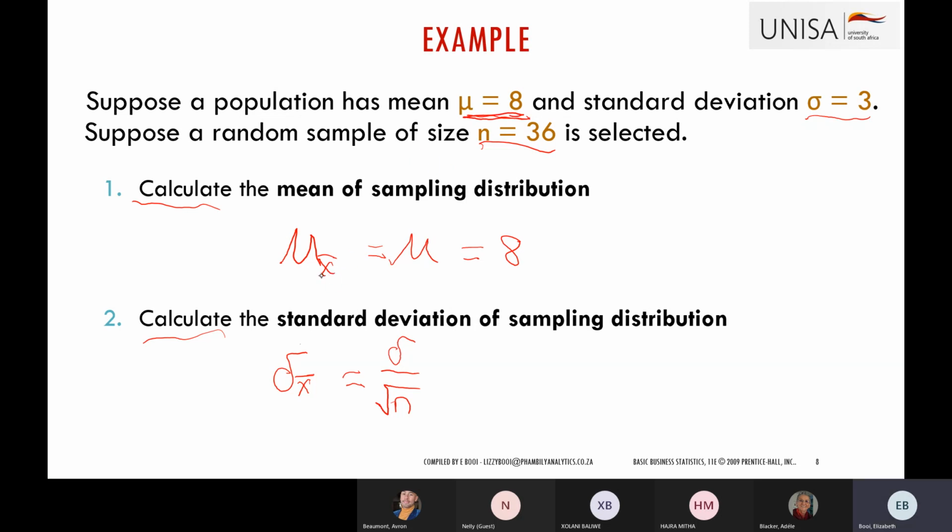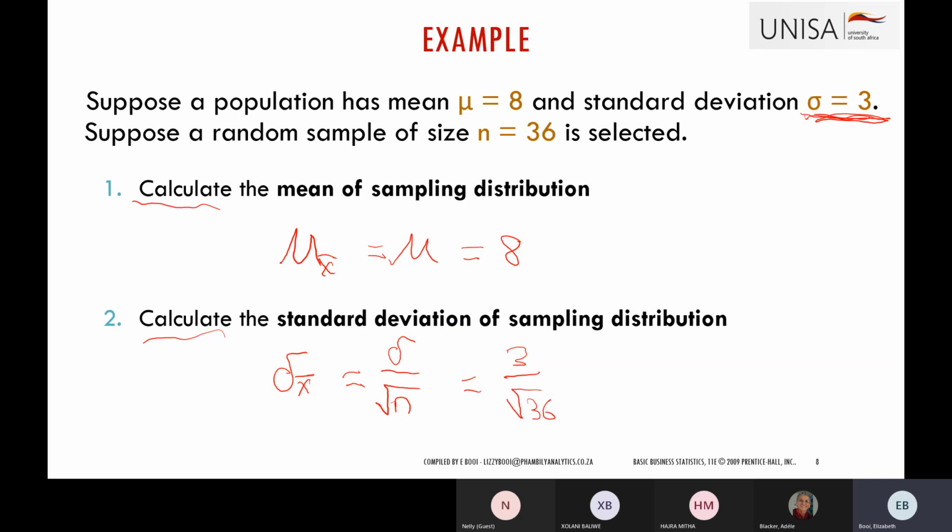Our standard deviation of a sampling distribution is the population standard deviation divided by the square root of the sample size. I know what the population standard deviation is because it was given in the facts. I know what my sample size is because it was also given as part of the facts. So I can just come here, substitute 3 divided by the square root of 36.